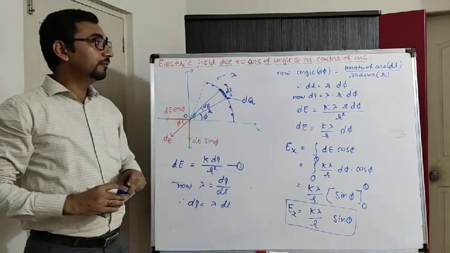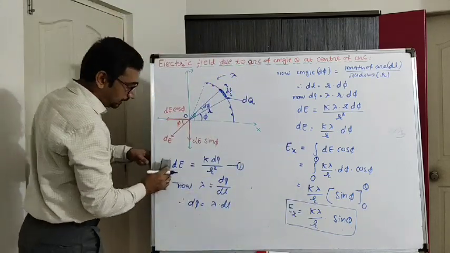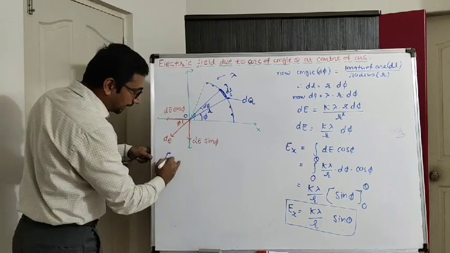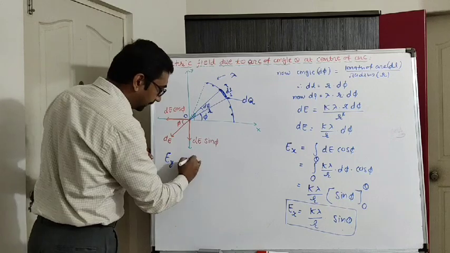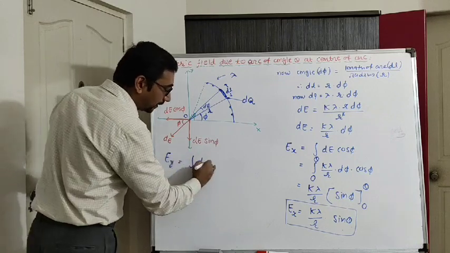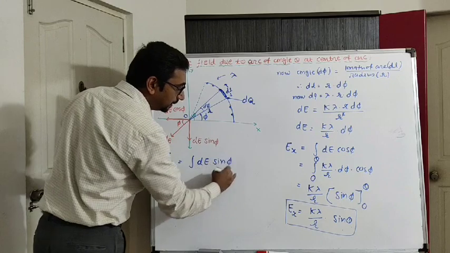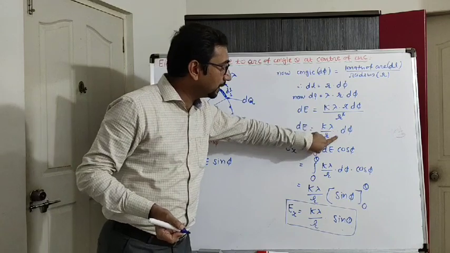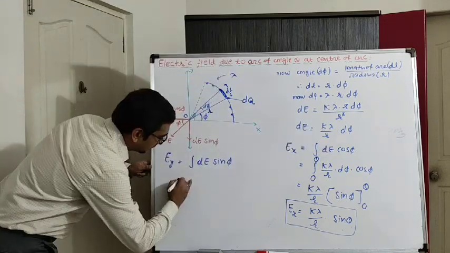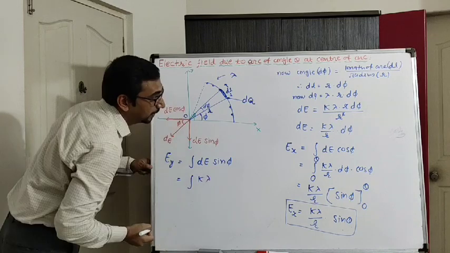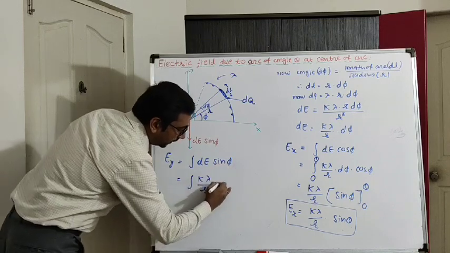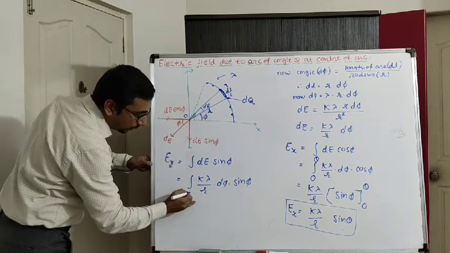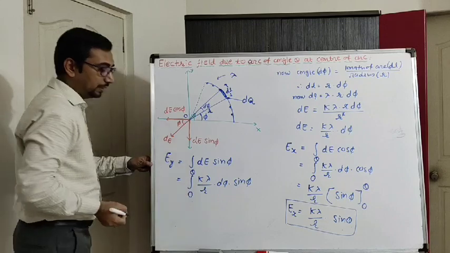So this is the x component of the electric field. Now similarly, we can also find the y component of the electric field. The y component is the integration of dE sin phi. Now what is dE here? dE is k lambda upon r into d phi, so we integrate k lambda upon r into d phi into sin phi, again with lower limit 0 and upper limit theta.